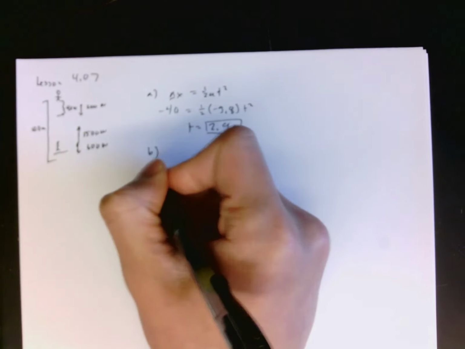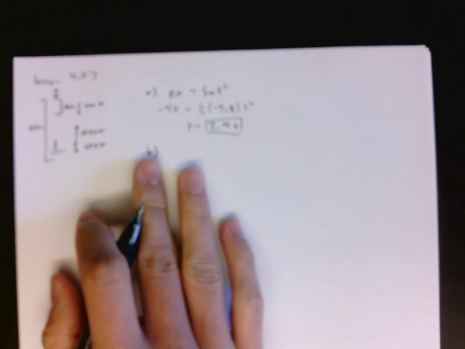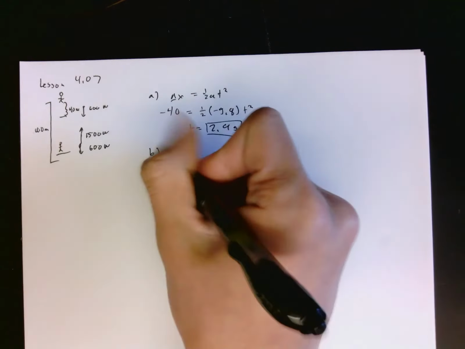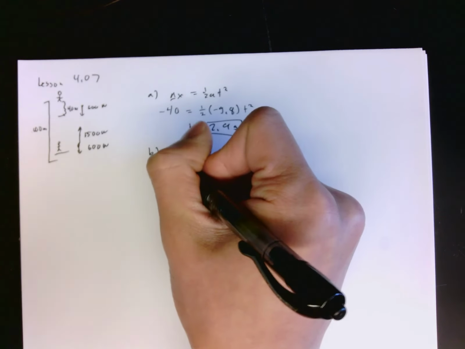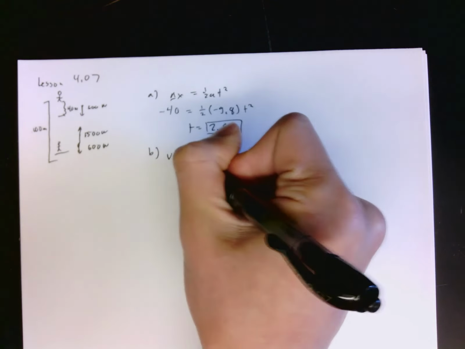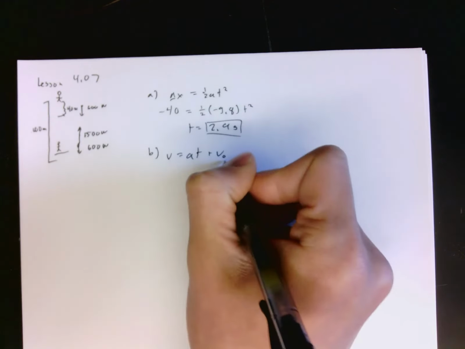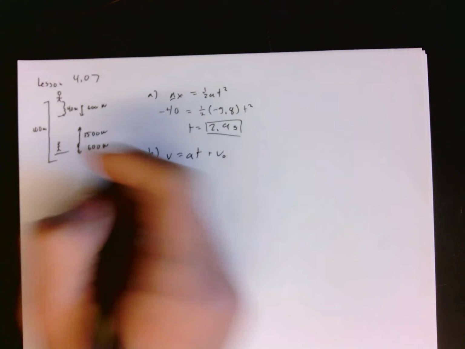Part B, how long will it take Ben to reach the bottom of the drop? So that's past the 40 meters all the way to the bottom. And here we can use the equation velocity equals acceleration times time plus initial velocity. And to find the initial velocity, we have to find the velocity where Ben is just at the bottom of the 40 meters.